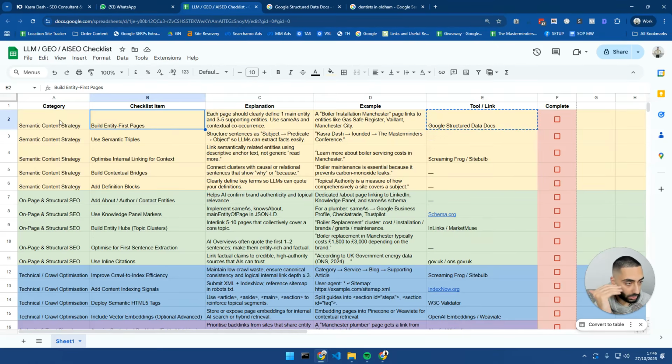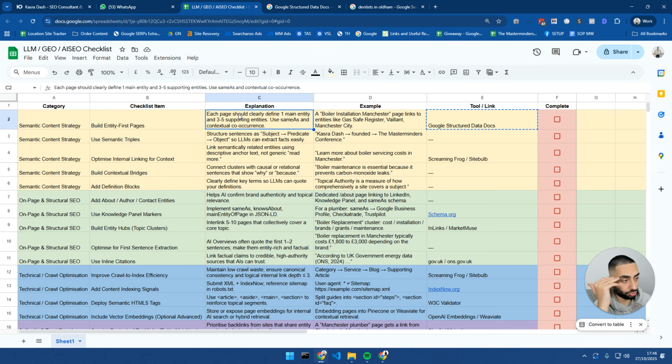So first of all, we have got building entity first pages. Each page should clearly define one main entity and three to five supporting entities as well. So for example, if we've got a page talking about boiler installation in Manchester, that could then link to Gas Safe Register, Valiant, which is a boiler brand, and then we've also got Manchester City, which is a location.